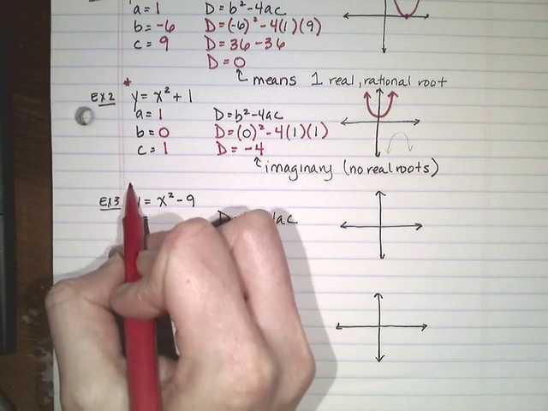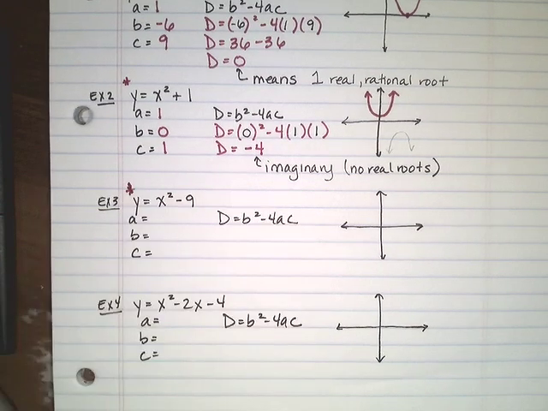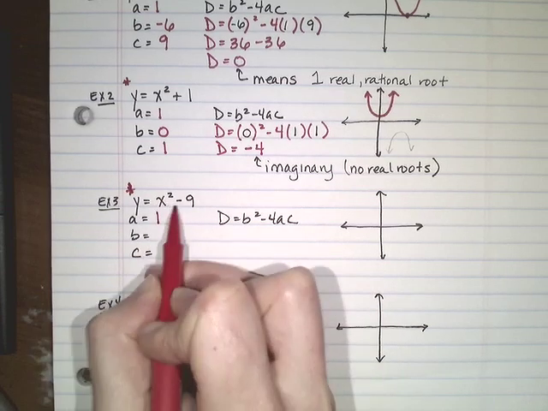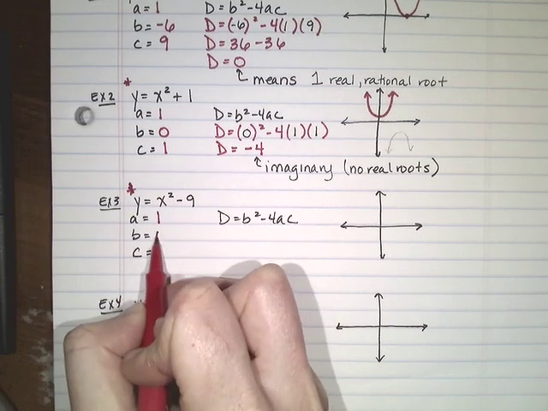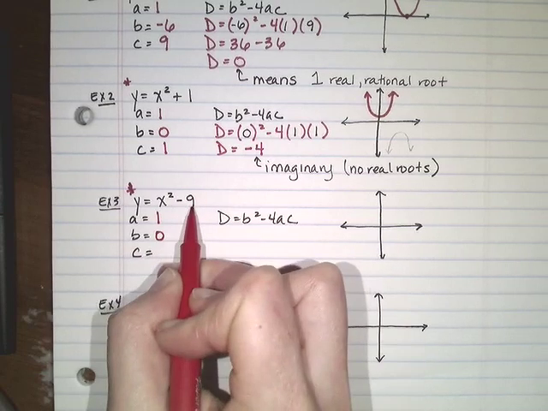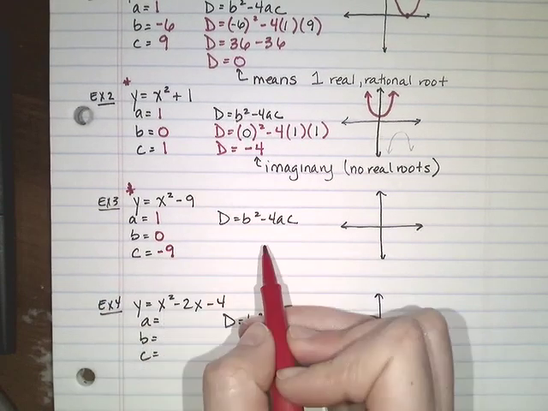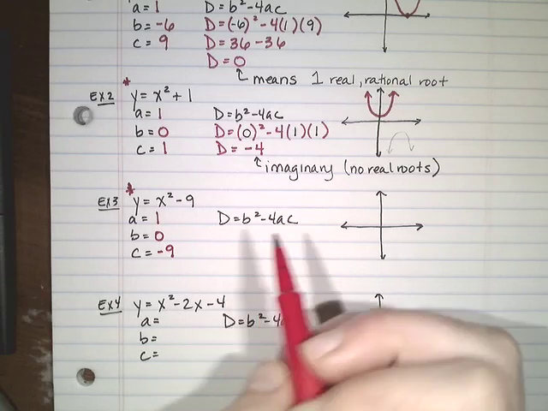So with x squared minus 9, for example, number 3, you want to make sure that, again, your parabola is in standard form, where the coefficient in front of A is 1, the coefficient in front of B is 0, and the constant term is negative 9. We're going to take those values and plug them into our discriminant.